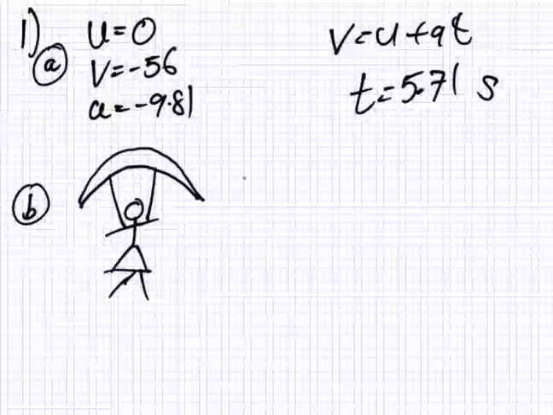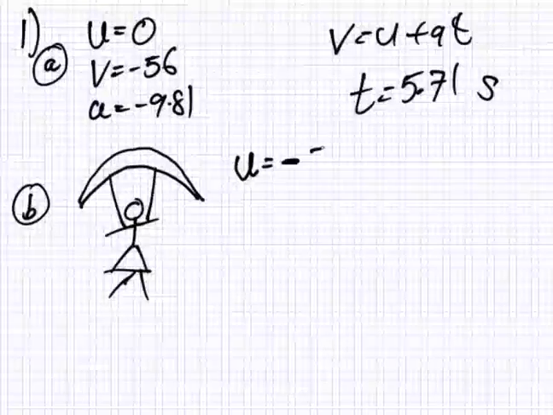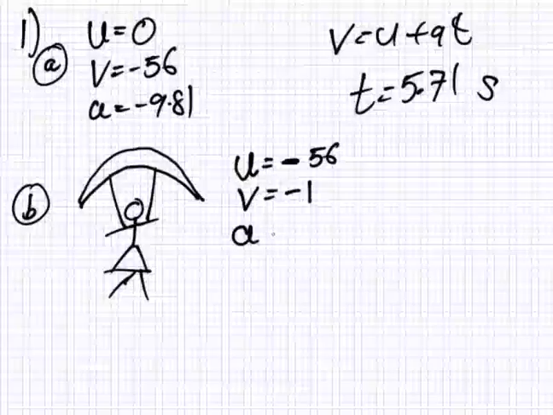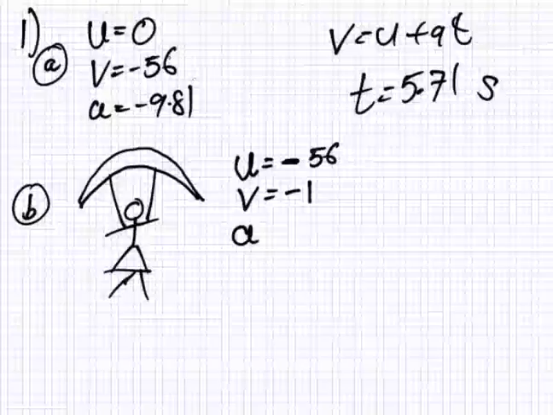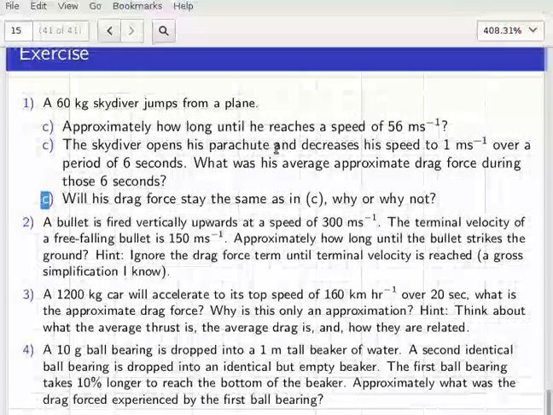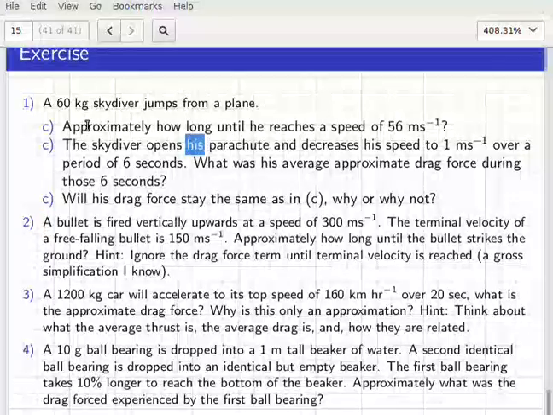So here the U is minus 56. The V is minus 1. Why is U minus? It's okay, if you want to make it plus, that's okay. Because what's happened is the skydiver jumped, and they go from 0 to 56. I'm sorry I wasn't clear.